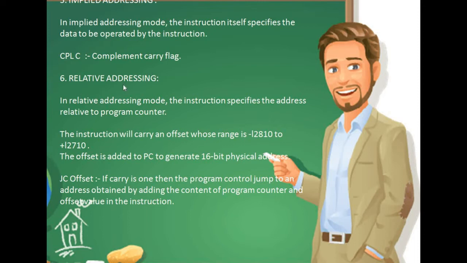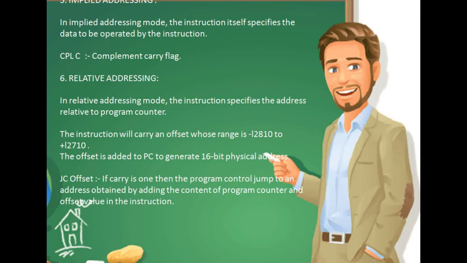Next one, relative addressing mode. In relative addressing mode, it specifies the address relative to the program counter, and as we know, the program counter stores the address of the next instruction to be fetched.